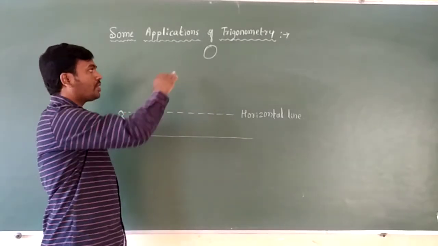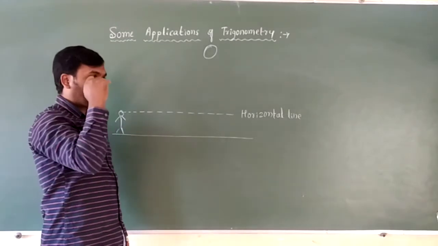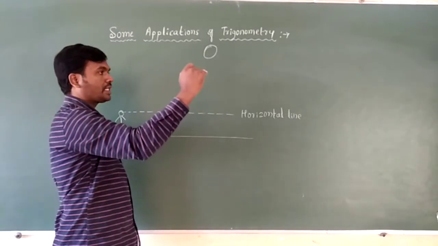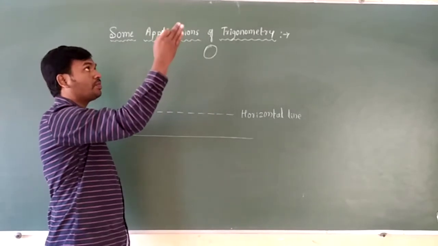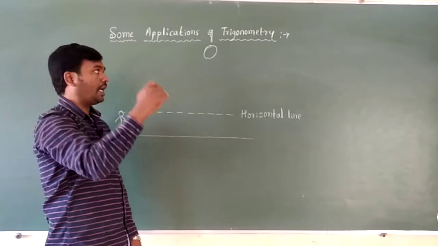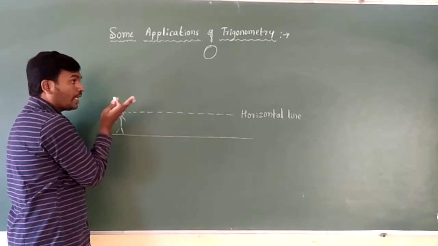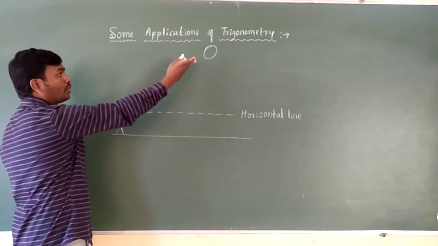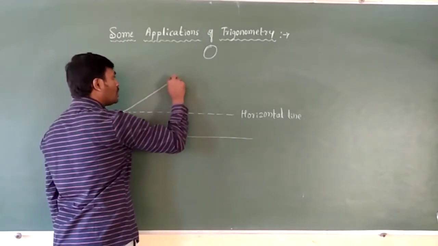If I have to observe this object, I have to change the angle of my eye. If I am observing straight, it is a horizontal line. If I have to see any object above this horizontal line, I have to change the angle of my eye. So this observer changes his eye position up towards the object.